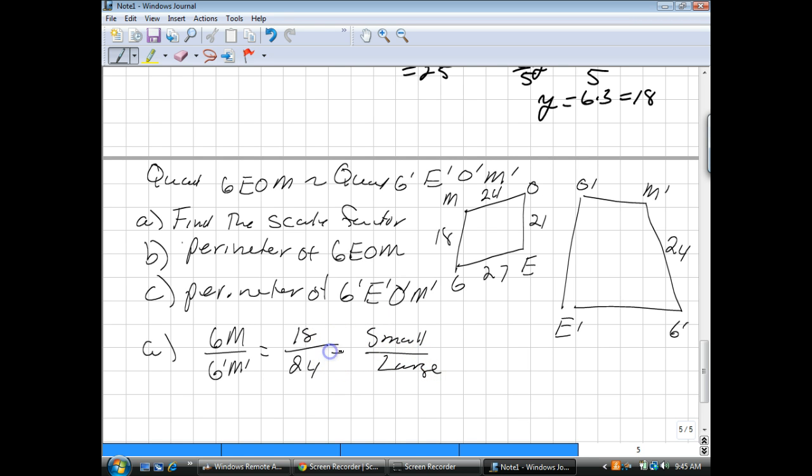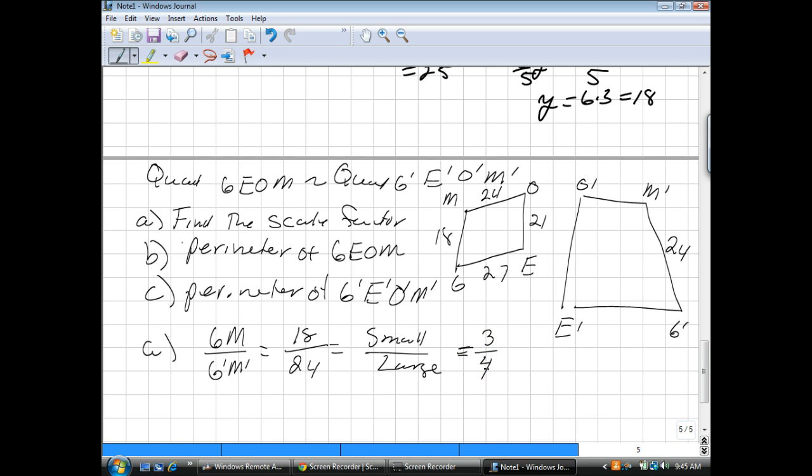Okay, and this equals, 6 goes into both of those, so that is 3 over 4.